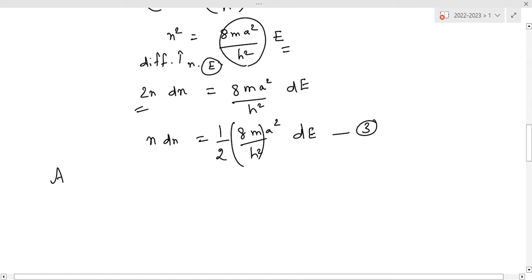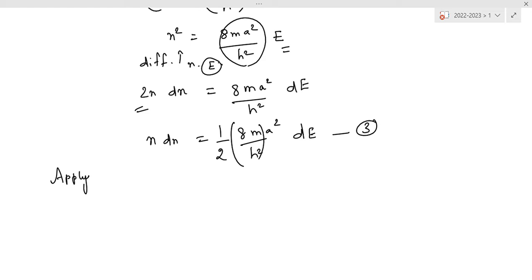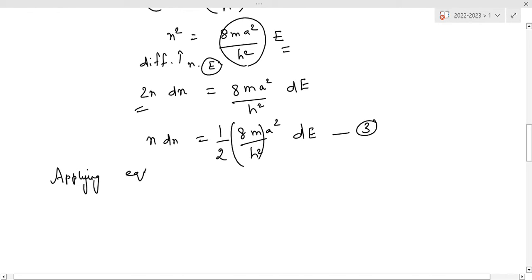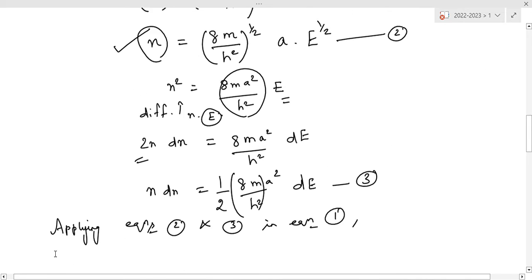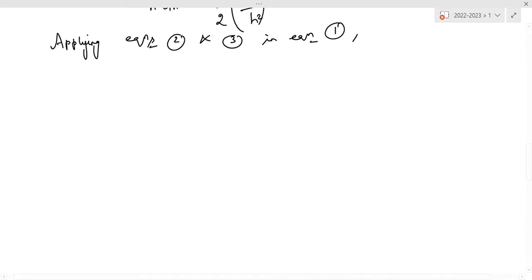Now, applying equations 2 and 3 in equation 1, we get, what is equation 1? Pi by 2 into n into n dn, to find the number of available energy states in the energy interval dE per unit volume. Therefore, pi by 2 n into n dn.